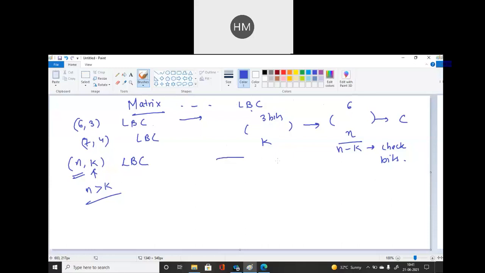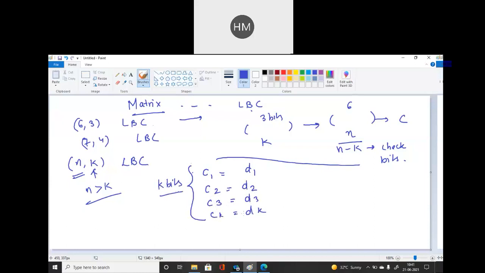Now students, you can write down all the things. The first k bits of the code word are the message bits, which you can write as C1 equals D1, C2 equals D2, Ck equals Dk. So for the code word that will be designed, the first k bits are the message bits.